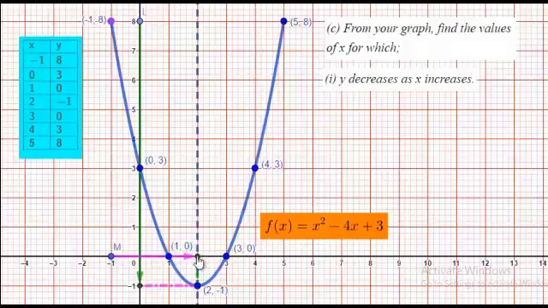So where you stopped and where you started your journey, we find the x values for that, and that would be the values of x for which the y values decrease. So our first point is -1, and then the second point is 2. We write the -1 first and we write the 2 next.